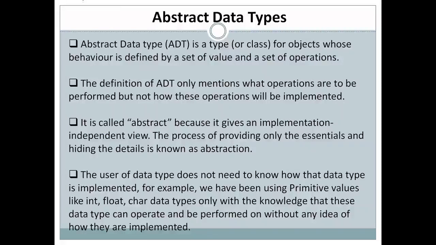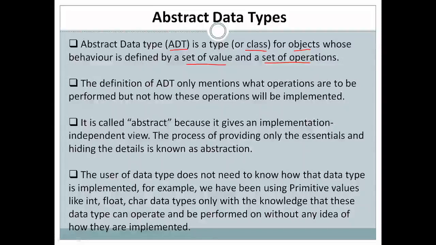Abstract data type. In simple terms, we can define an abstract data type as a set of objects and the operations on those objects. An abstract data type, in short ADT, is a type, or you can call it a class, for objects whose behavior is defined by a set of values and a set of operations.